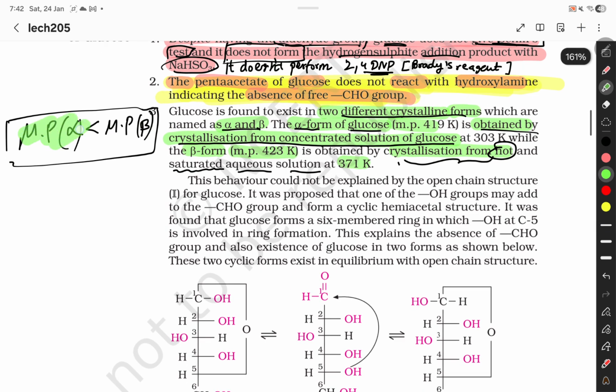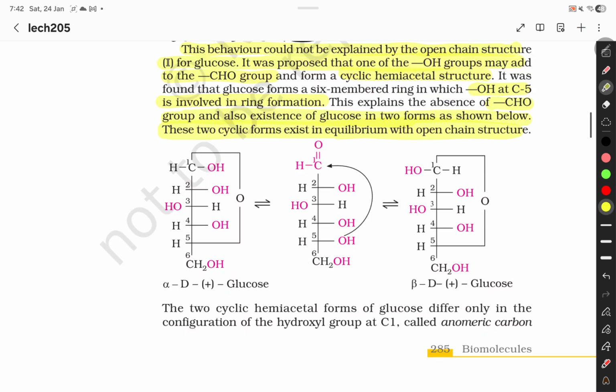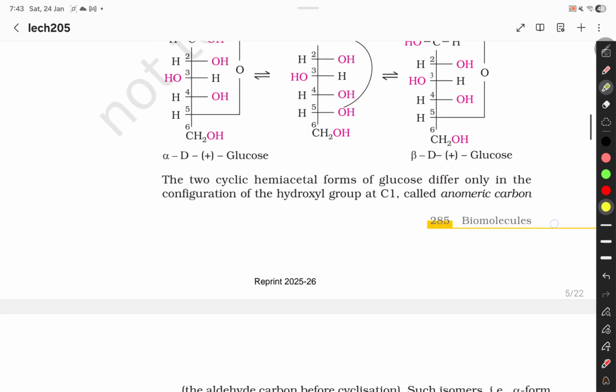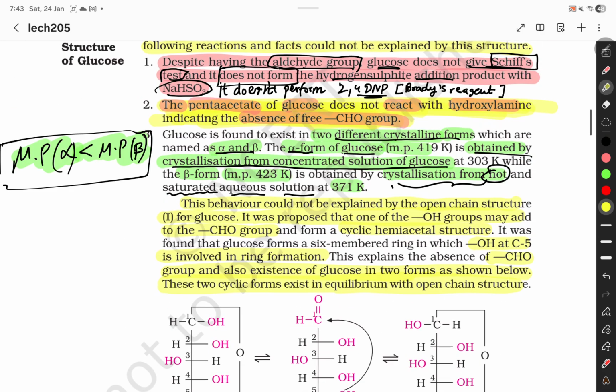And the melting point of alpha is less than the melting point of beta glucose. These two forms exist in equilibrium, alpha and beta. And just to rack your brain, alpha melting point is less than beta. Alpha is formed by saturated solution, while beta is formed by saturated hot solution.